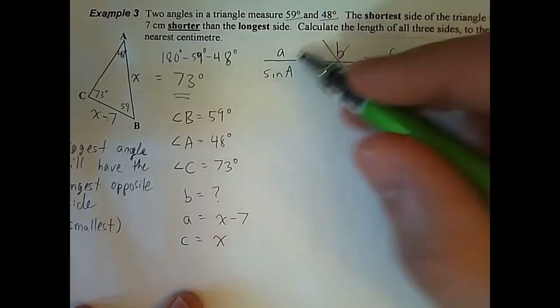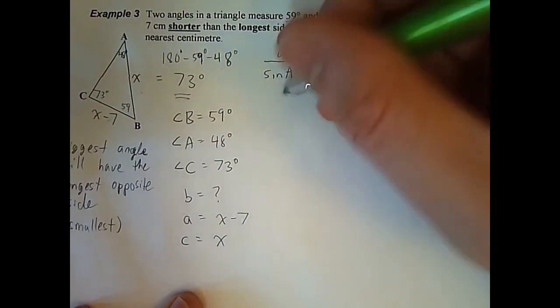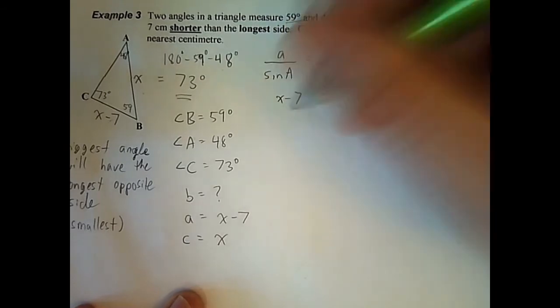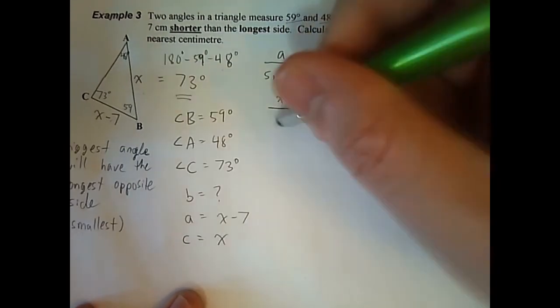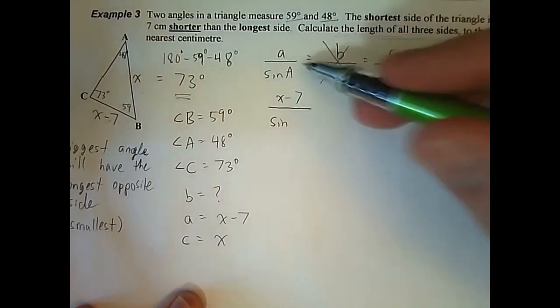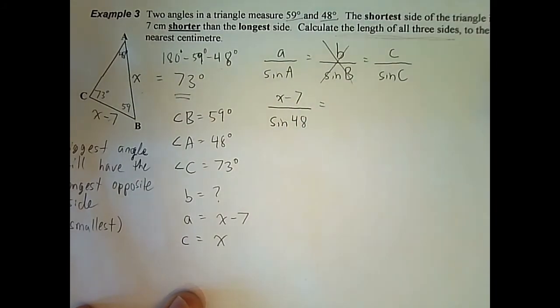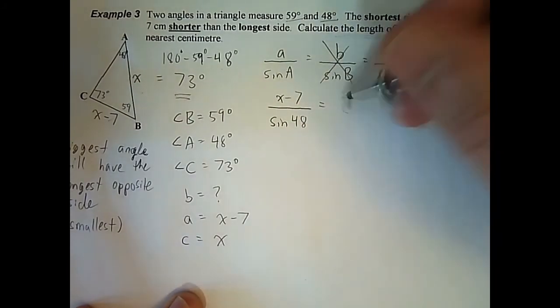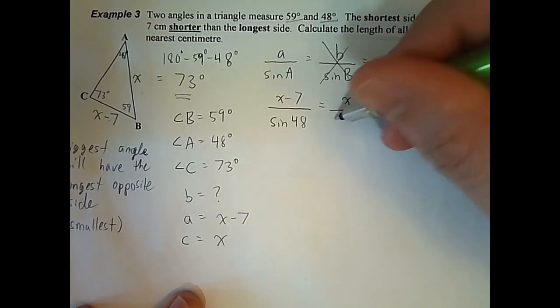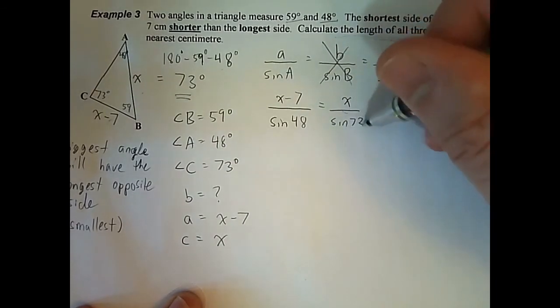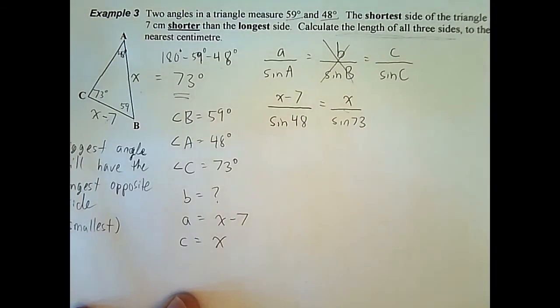So I'm going to sub in what I know. Side A is x minus 7 over angle A, which we said is 48, is equal to side C, which is x, over angle C, 73 degrees.